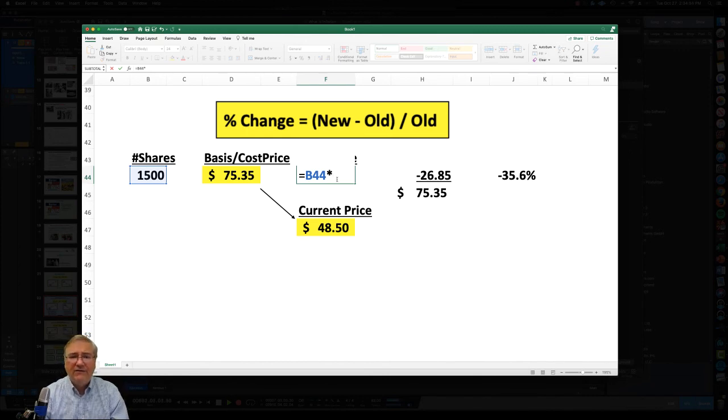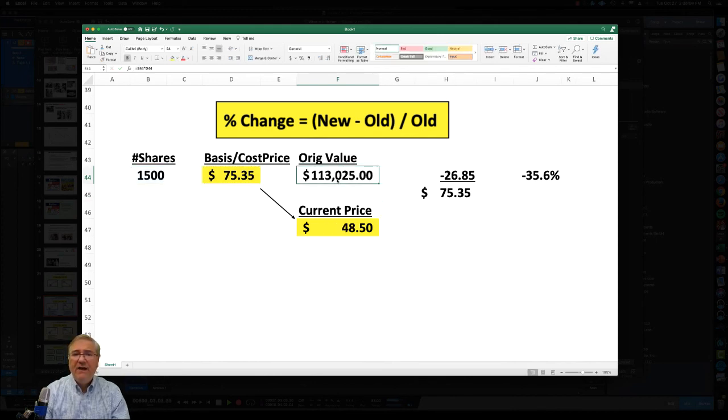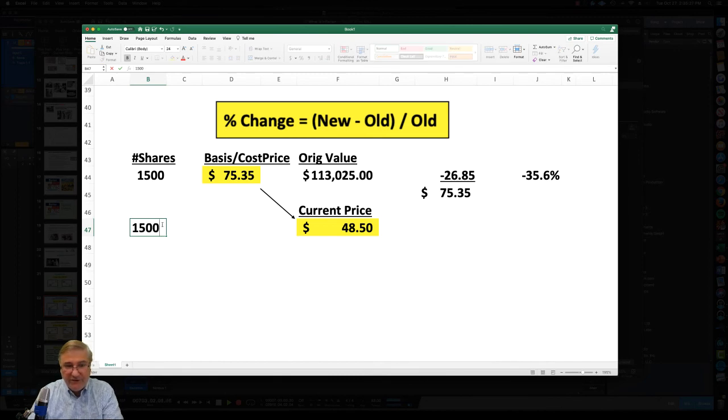Multiplication sign is the asterisk symbol, equals 1,500 times $75.35 per share. So originally the total value of his stock holdings in TechHub stock was $113,025. But currently the price is $48.50, but he still owns 1,500 shares.